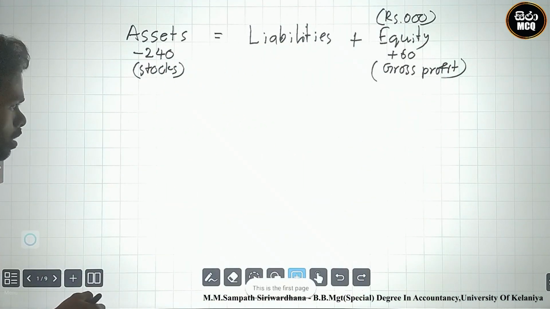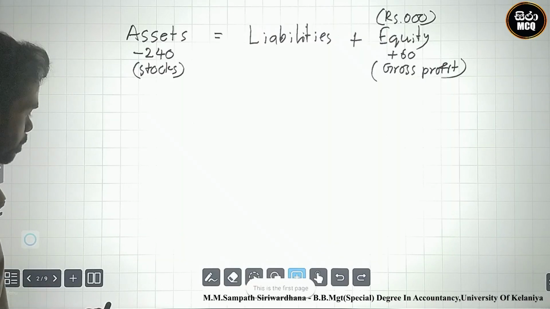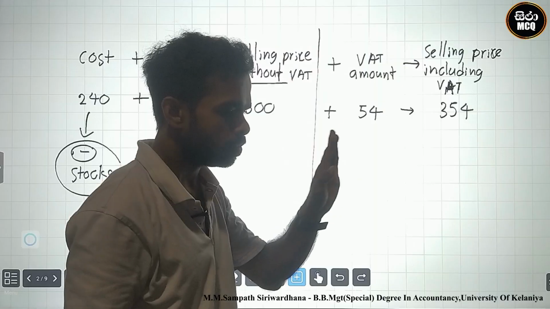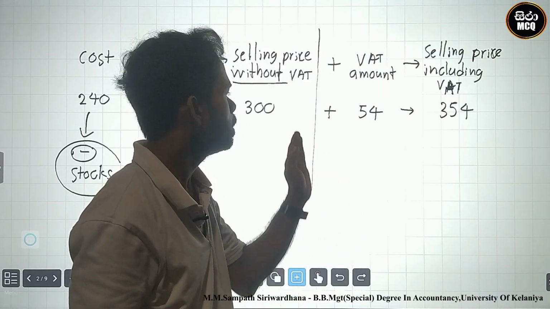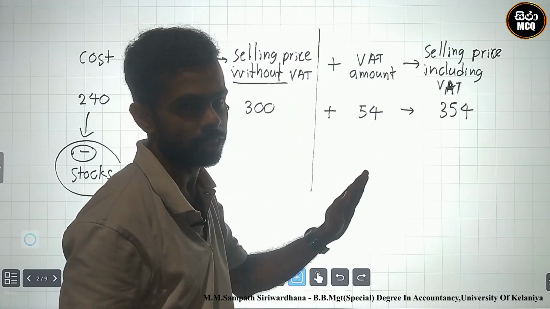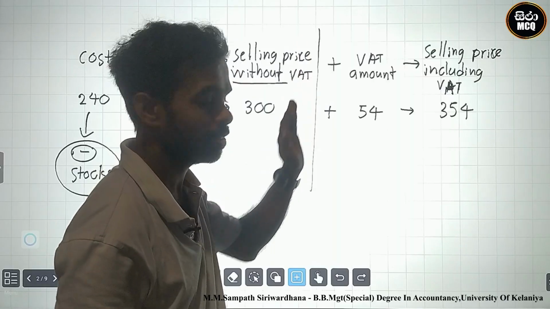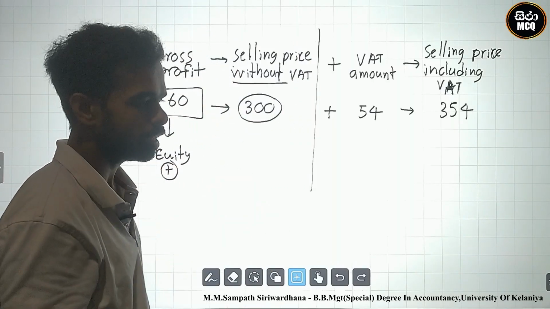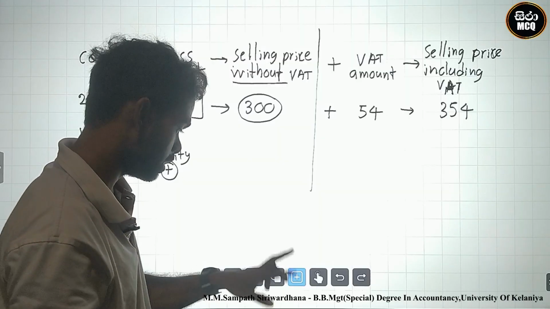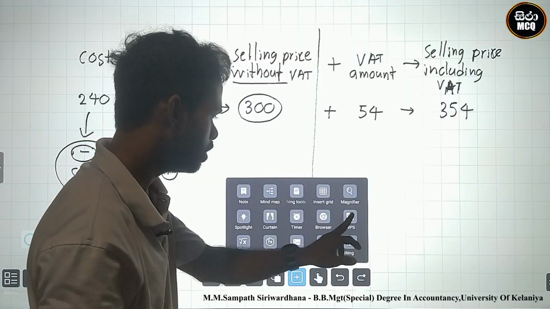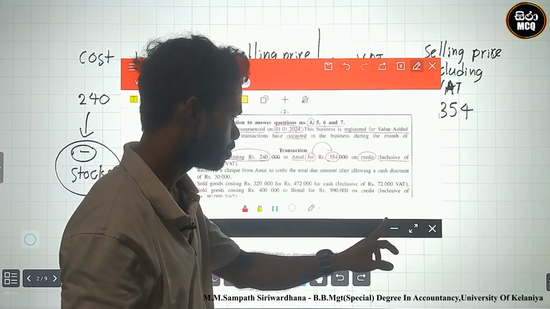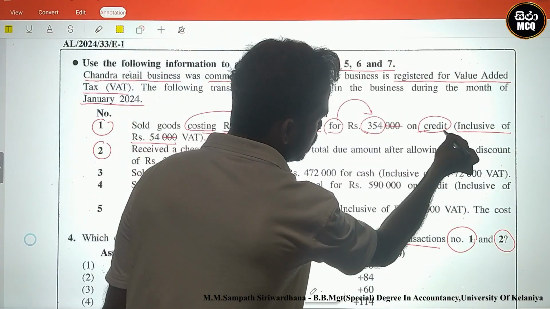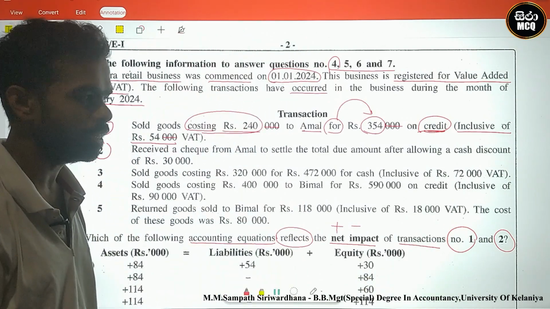Next one, we must firstly record the amount without VAT. Only this point. Okay, 300 is the selling amount, on credit basis, not cash basis. Look here, the question says credit.